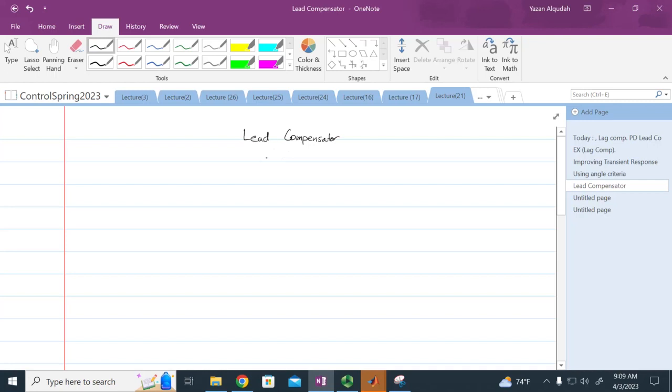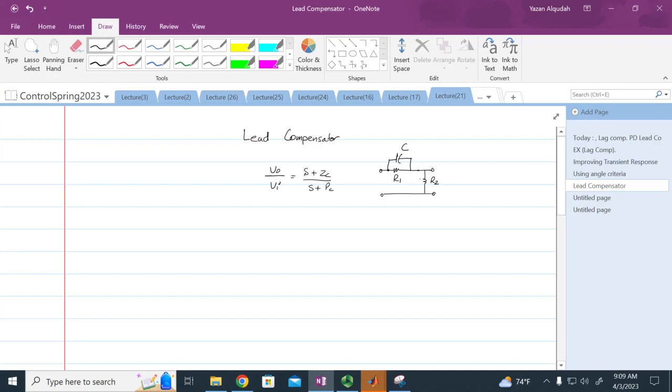And the lead compensator uses a passive circuit. R2, R1, C, V output over V input is going to equal S plus Z_C divided by S plus P_C.